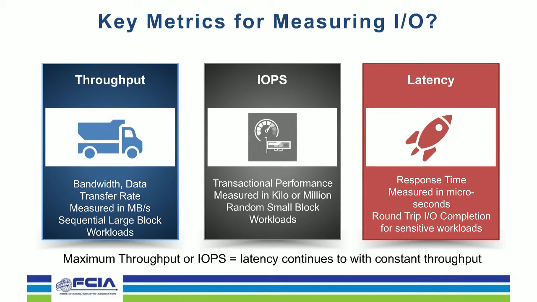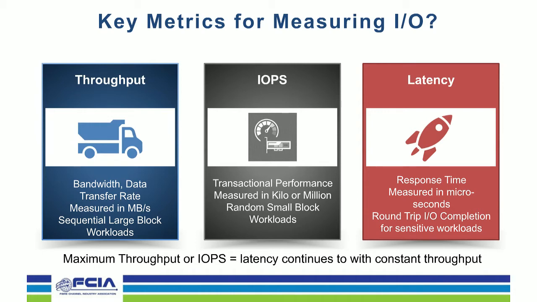But it's also important to understand that none of these metrics operate in isolation. The amount of IOPS happening on the wire, multiplied, just to do simple math, by the average size of the block is your throughput on the wire. And latency is the gap between your IOs completing. But it's important to understand all of them are related.